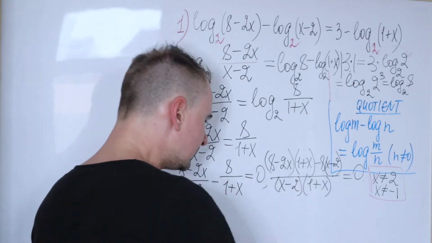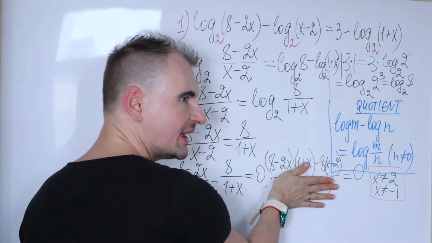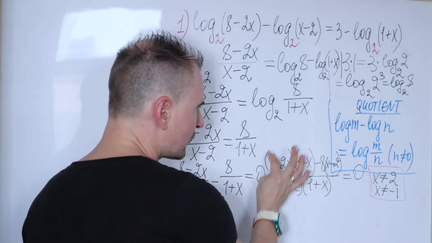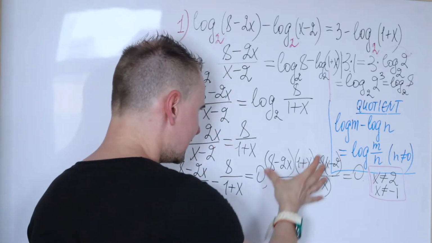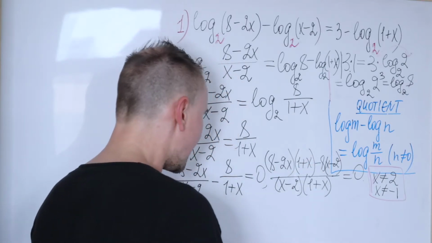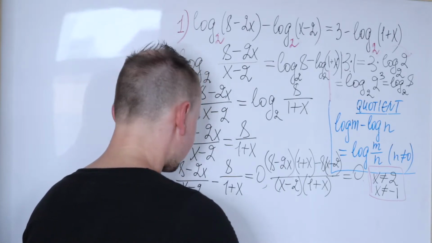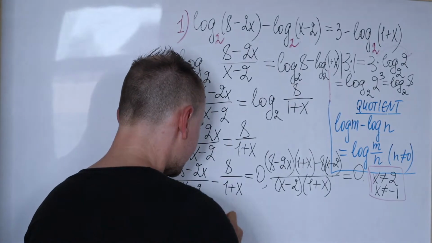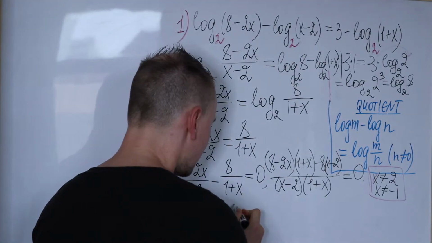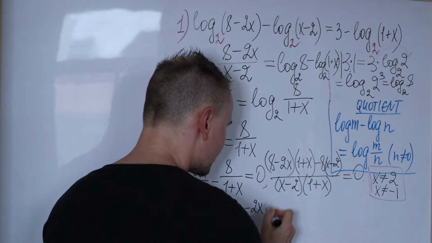So keep going, and I'm going to drop off the denominator, and I'm going to distribute and FOIL it out. These parentheses, I'm going to get rid of them, so it becomes just 8 plus 8x minus 2x minus 2x squared.